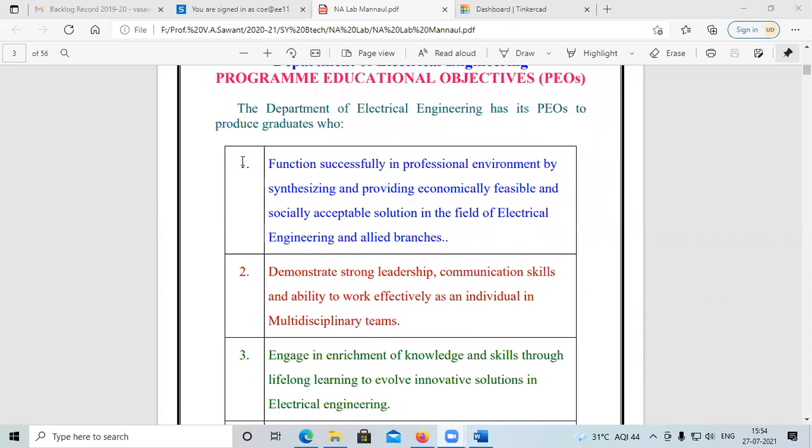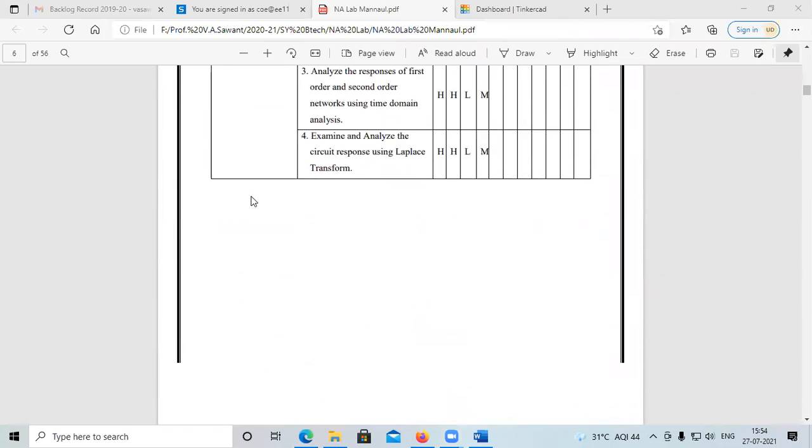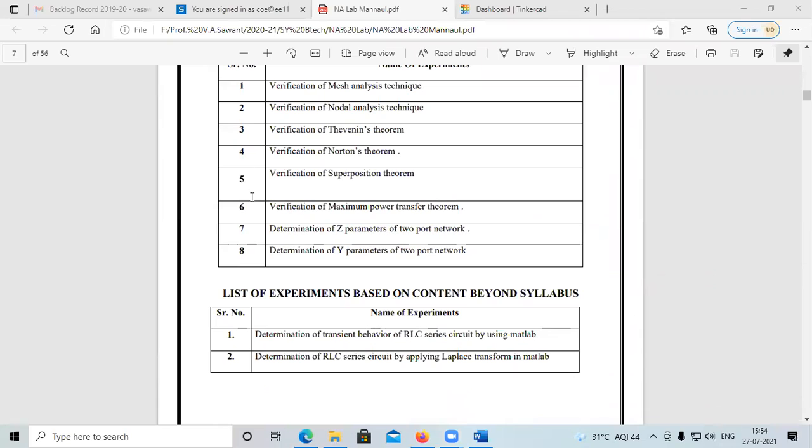So today we will start our practical. I have given the lab manual to you. The practical can be conducted online.